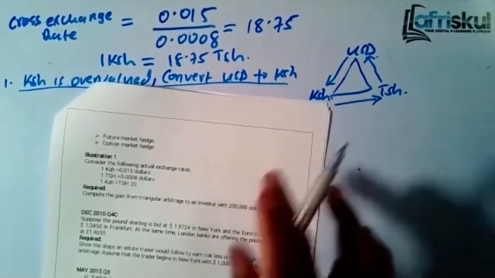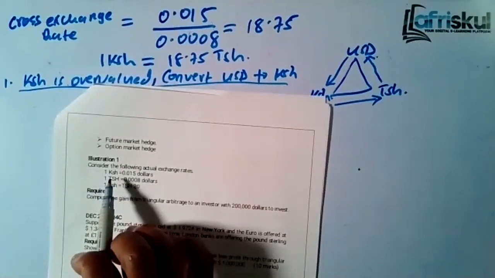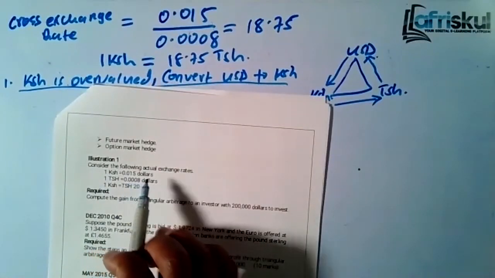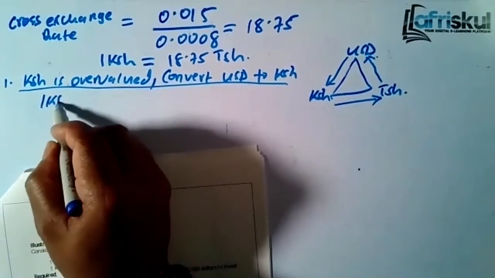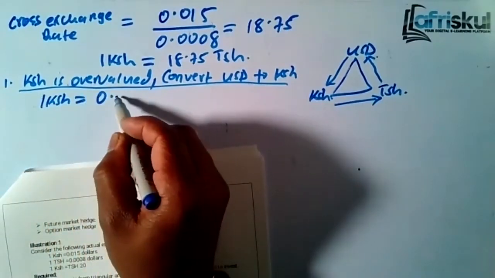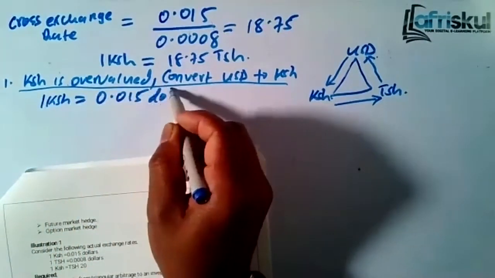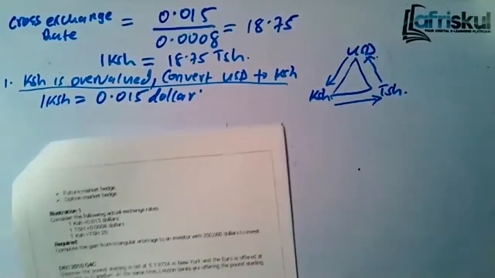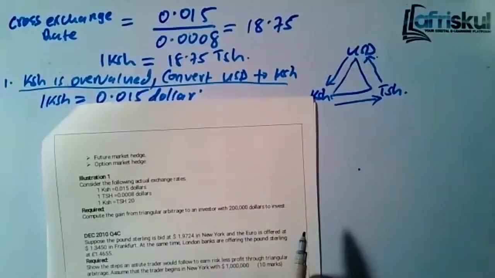Now we are converting US dollars to Kenyan shillings. From the question, 1 Kenyan shilling is equal to $0.015, and the investor has $200,000 to invest.